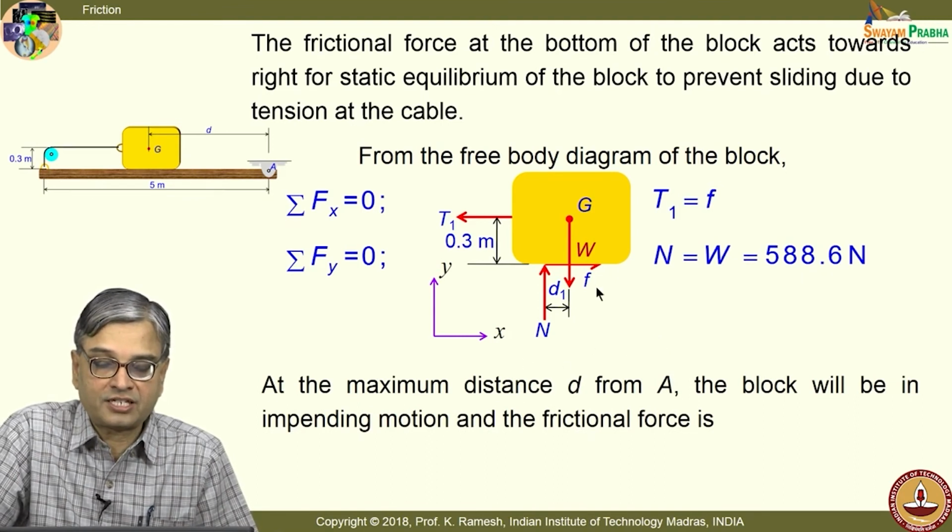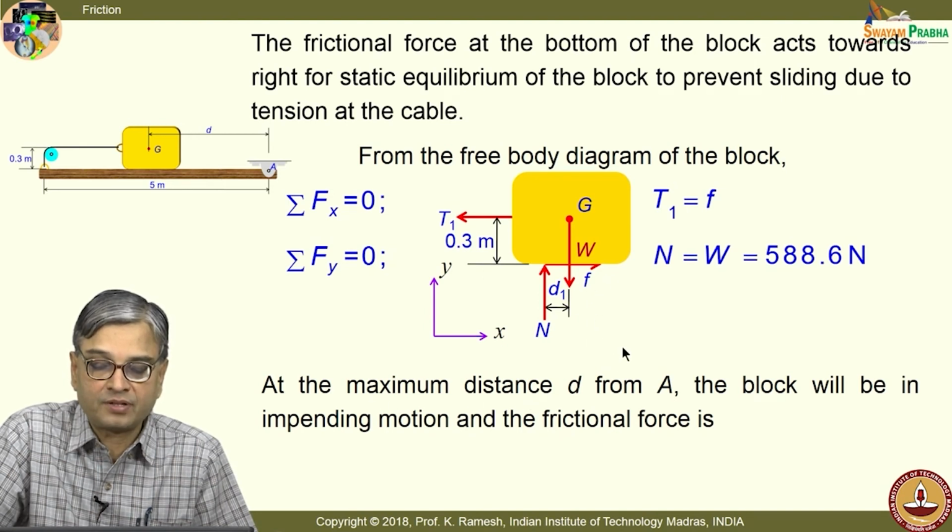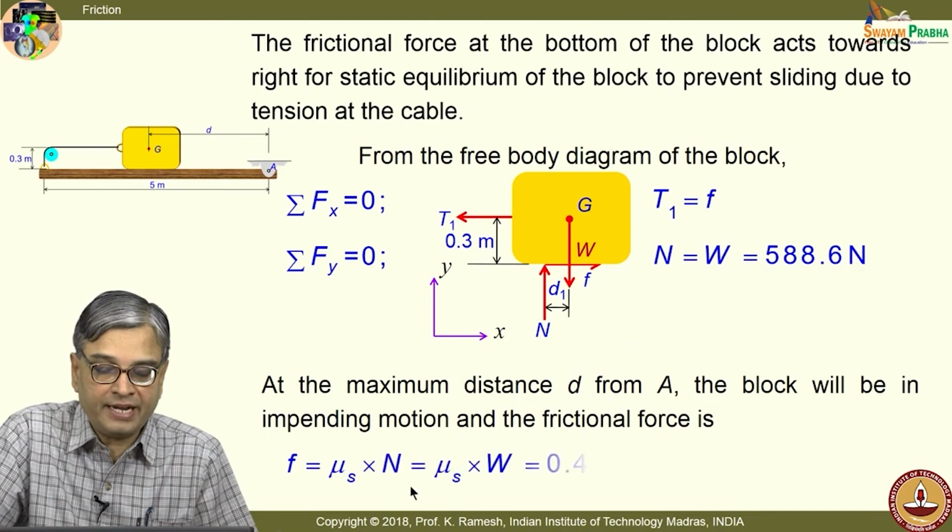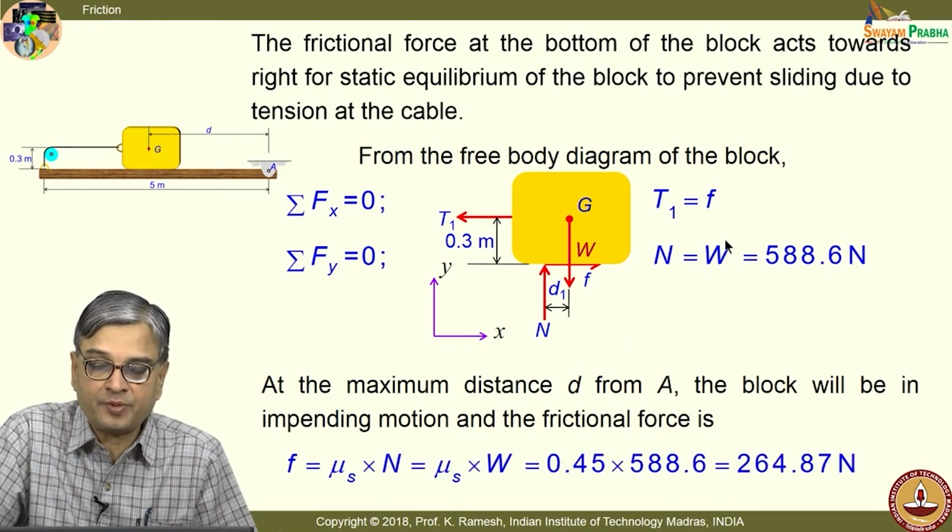So, this is the justification: at the maximum distance the motion will be impending. So, when the motion is impending, I can write F as mu times N, and N is determined to be W here. So, it is mu times W, that comes out to be 264.87 newtons. So, I know what is the tension T1 acting on this string.